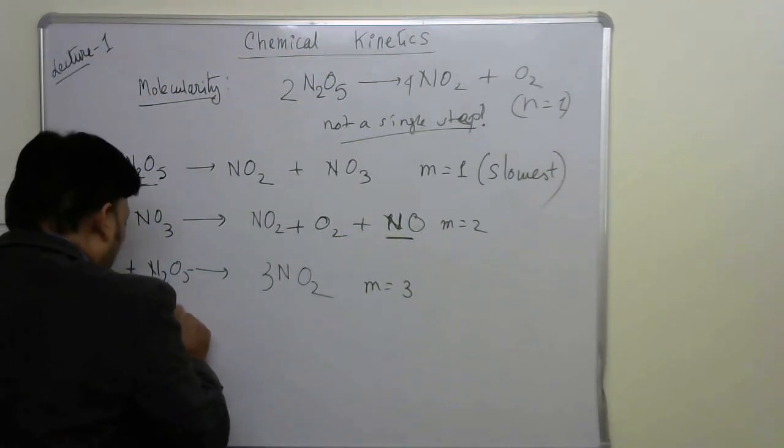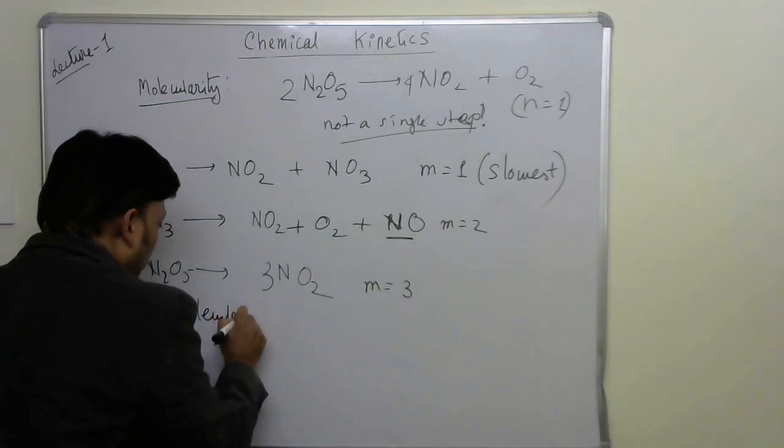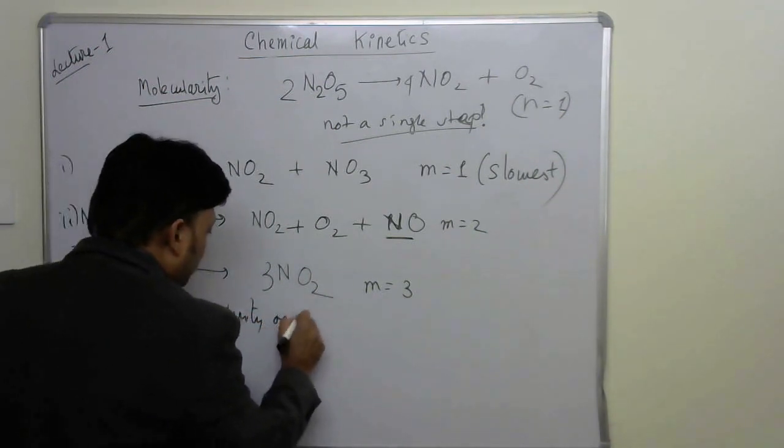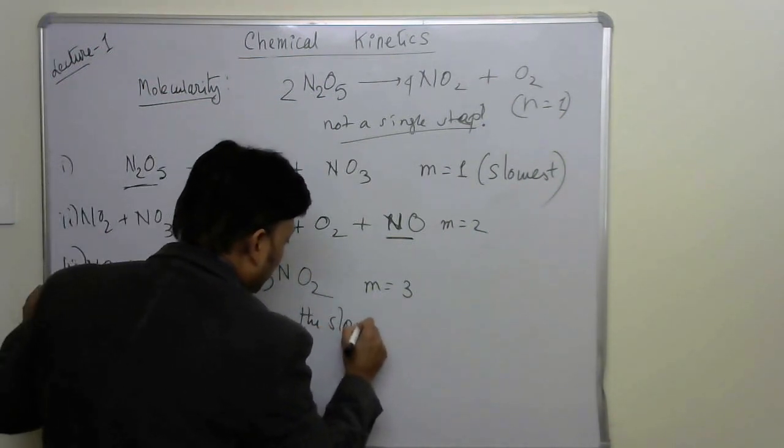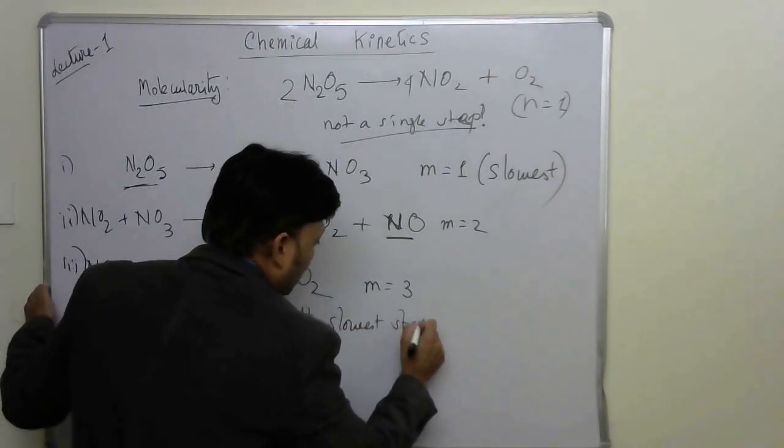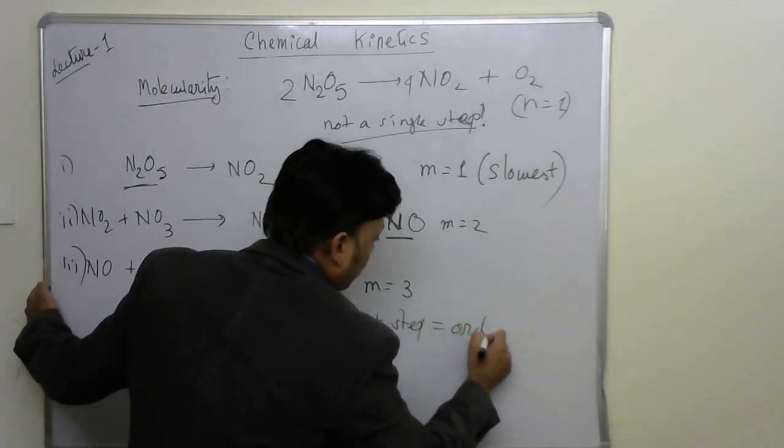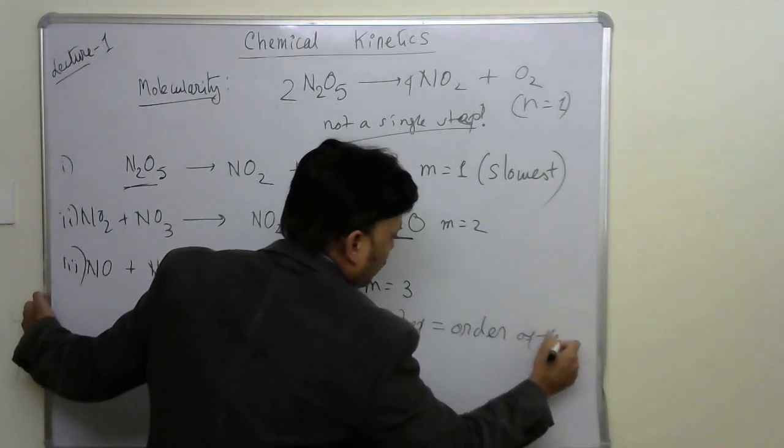In such a multi-step reaction, the molecularity of the slowest step becomes the order of the overall reaction.